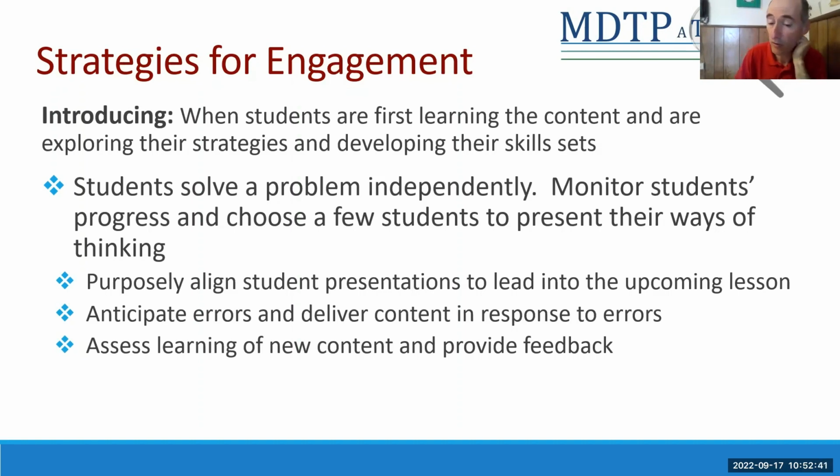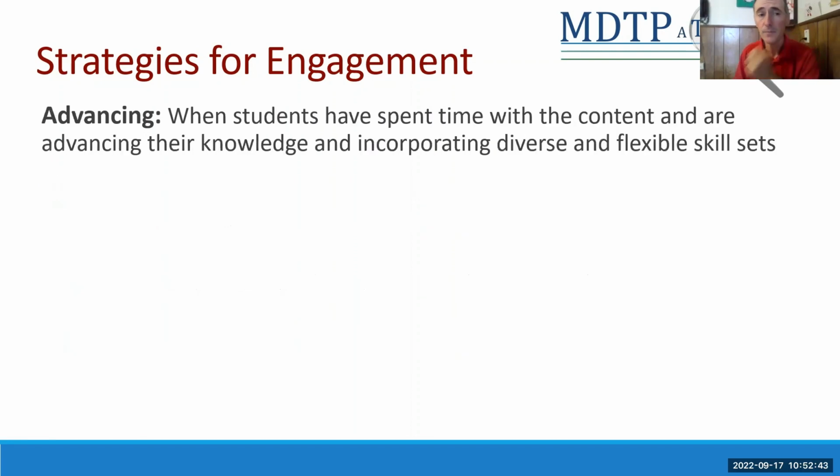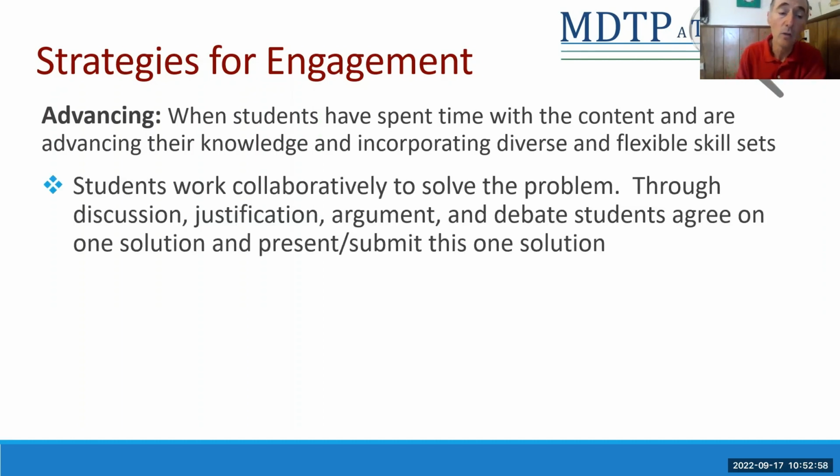That's something that should happen continuously, right? When you're advancing content, so the students already know a little bit of this, and you're just bringing the content further, or you're trying to make their skills deeper and more flexible, what you can do is collaborative work, so small groups, and students can then present.